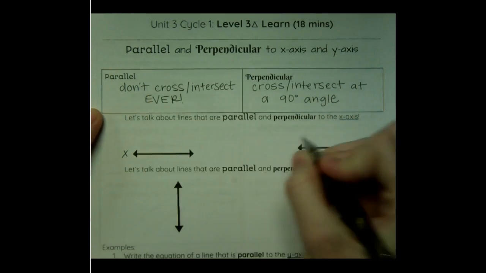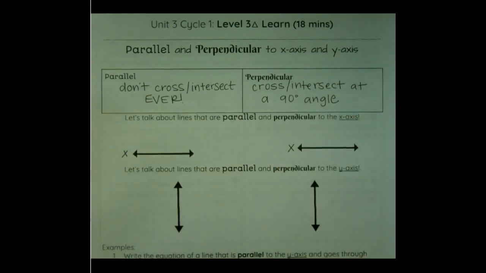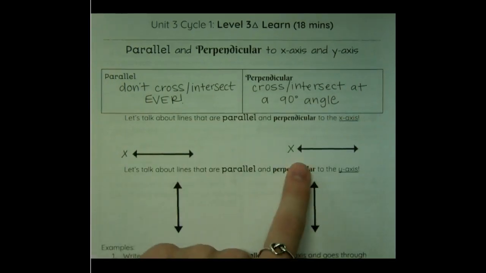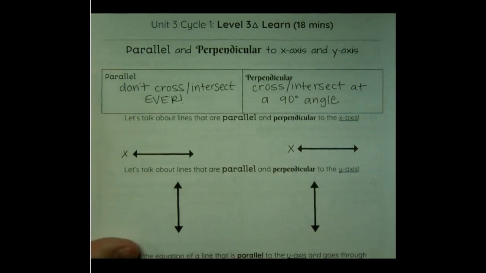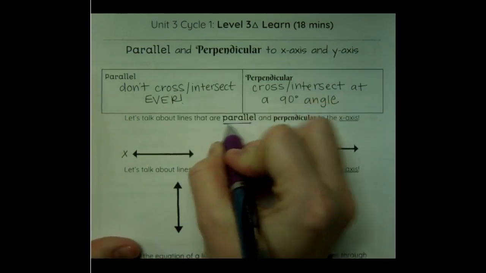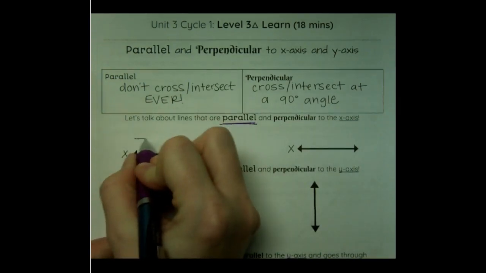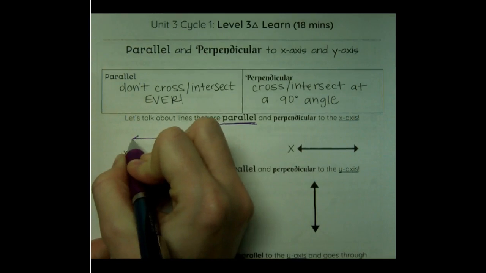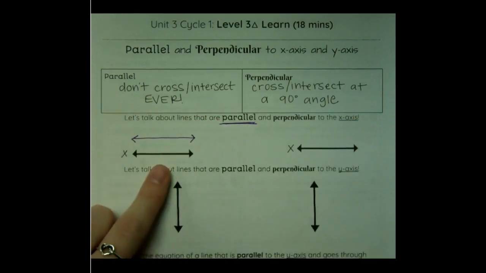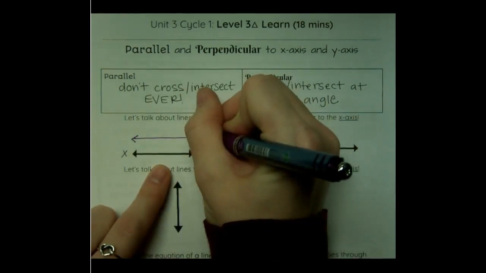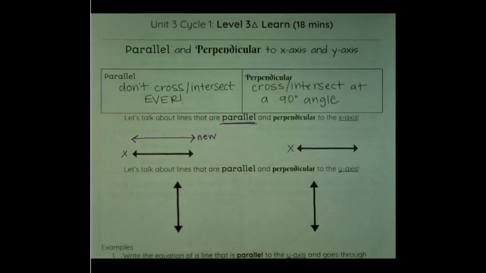So right here, I've given you two lines that represent the x-axis. If we talk about a parallel line to this x-axis, we'd be drawing a line that is right next to it, but never touches it. So I'm going to label this line new. That's my new line.